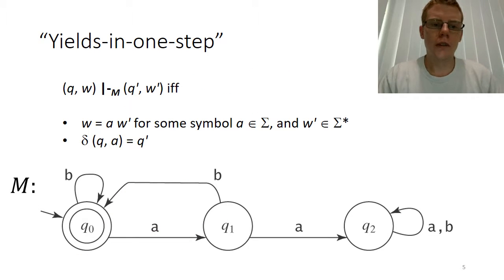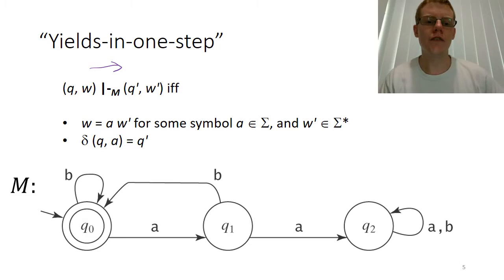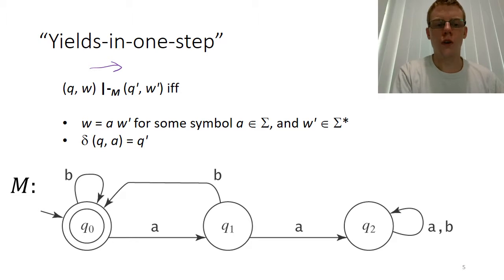So we're going to first talk about this yields in one step relation. So remember, a relation is just something that takes pairs from a set. So in this case, we're going to consider the set of all configurations. And the yields in one step relation is going to relate pairs in this particular direction if we can go from the first configuration to the second configuration in one step in the particular finite state machine M. So this little subscript to this yield symbol here means with respect to that machine.